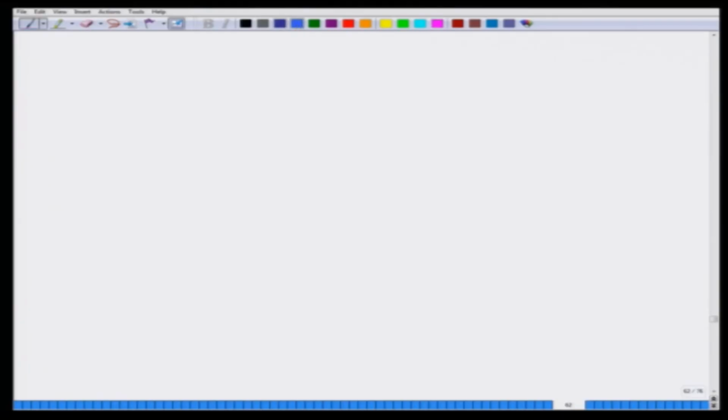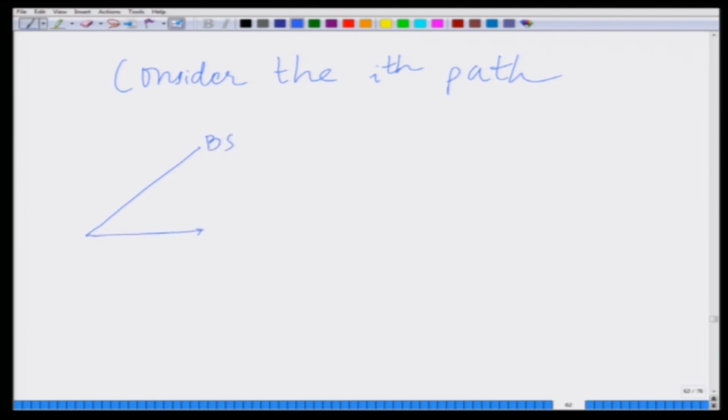Now, consider the ith path. Let us say this is my base station and I have my mobile, which is moving with a velocity of v at an angle of theta.